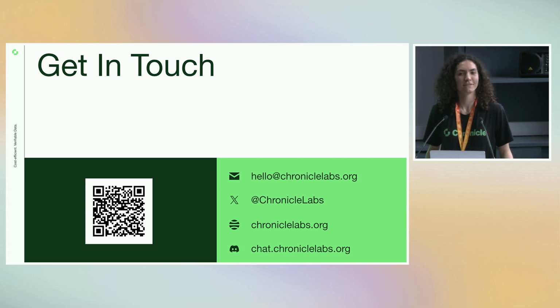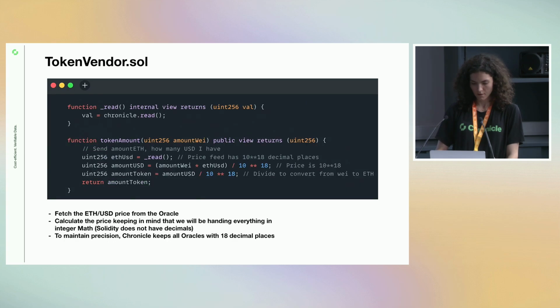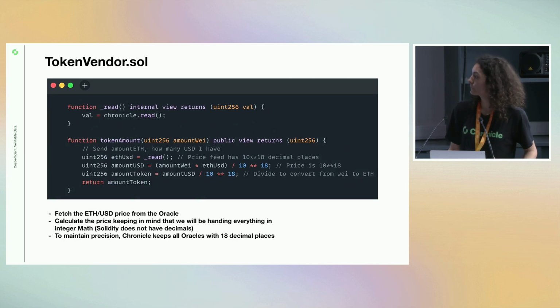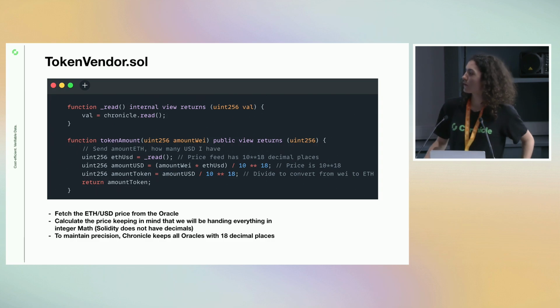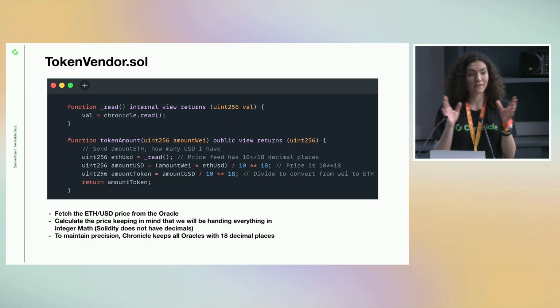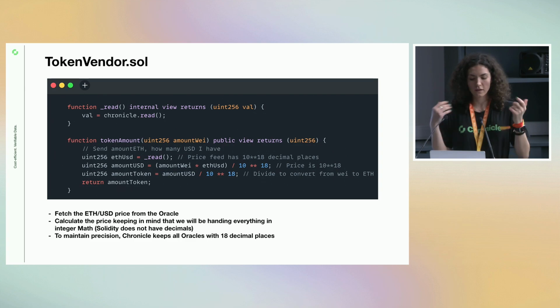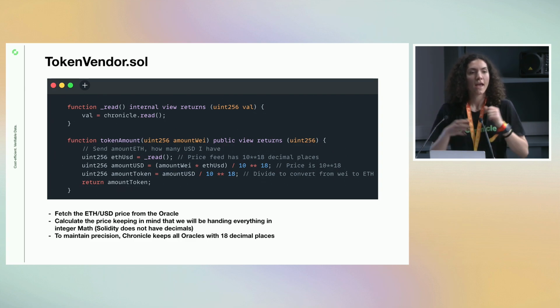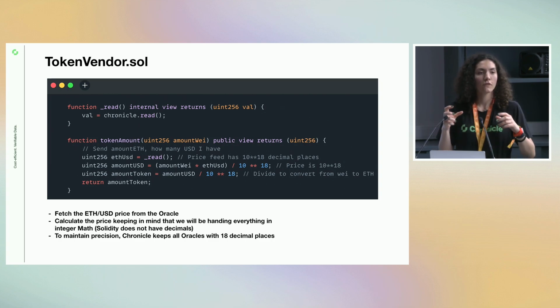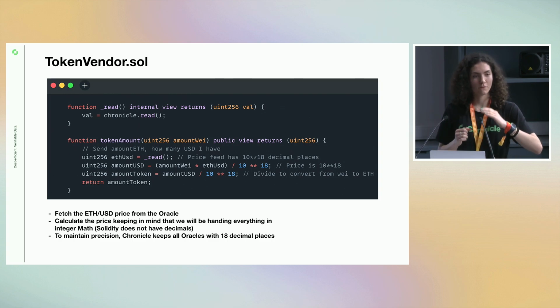At the end, can you show again the proof? Here the times 18 at the end, why don't you do it before? Yes, so as I was saying, because we don't have decimals in Solidity, we need to deal with integer math, it's called in Solidity. And if you do the multiplication first, it allows you to maintain precision when you're doing the division.